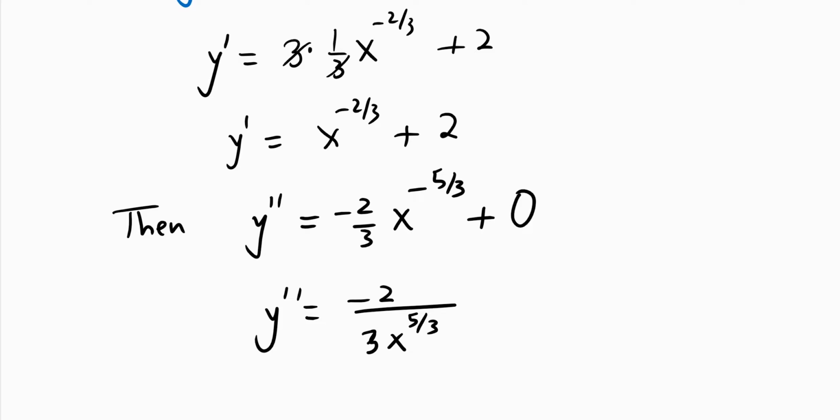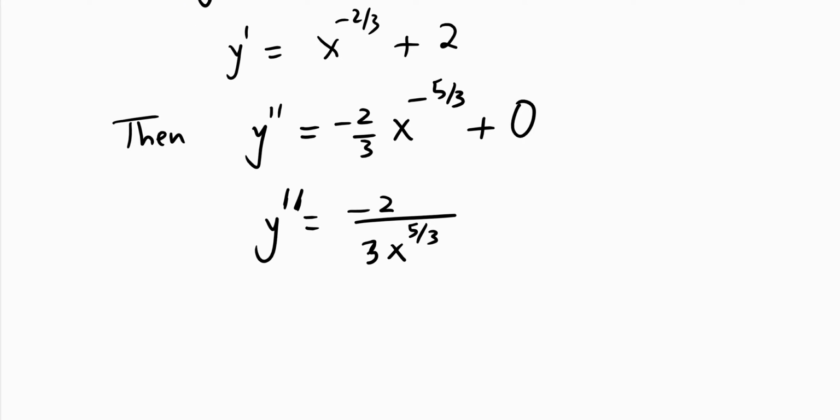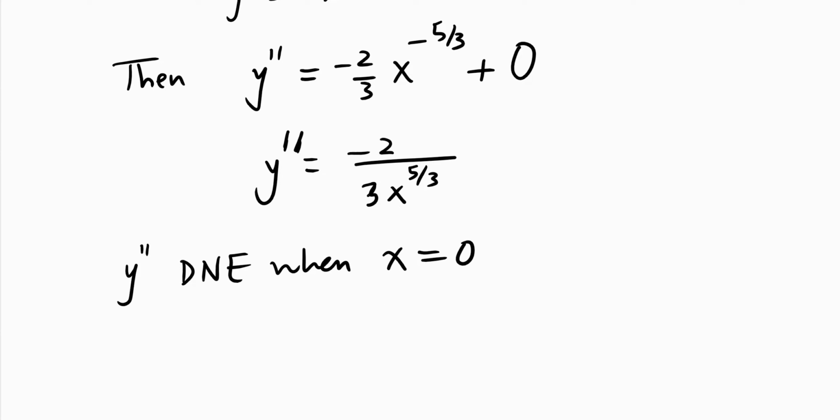Well, to find what we need to put on the number line, the critical numbers: where is this equal 0? Never. When does the second derivative not exist? When the denominator is 0, means when x equals 0. So then negative infinity to infinity, 0 goes in here.